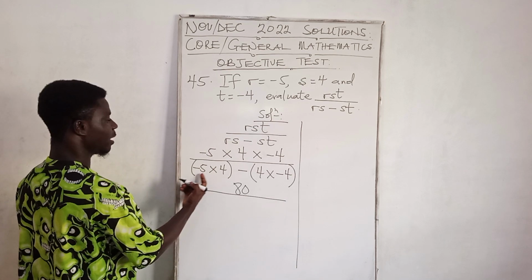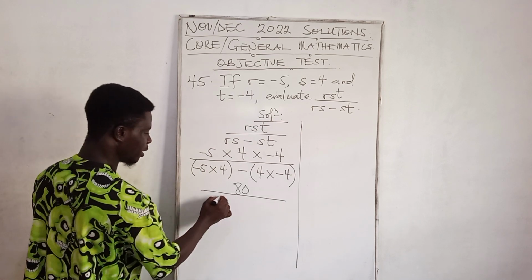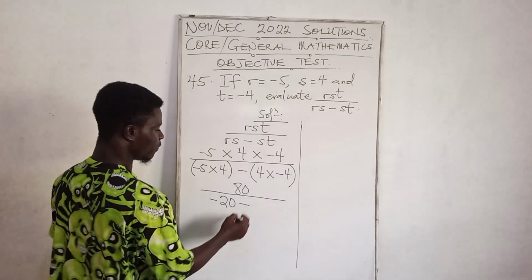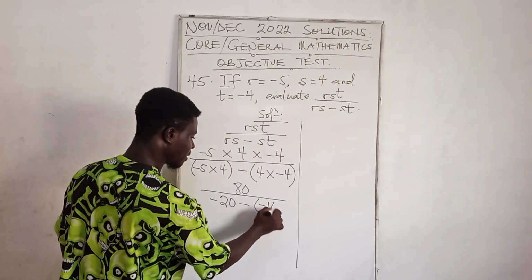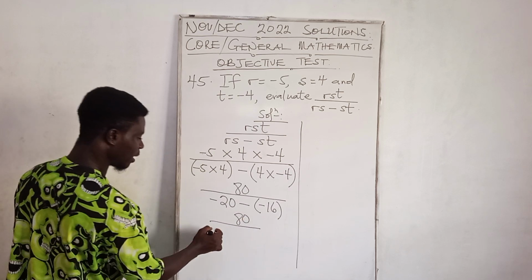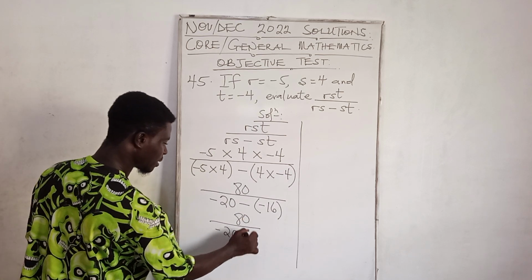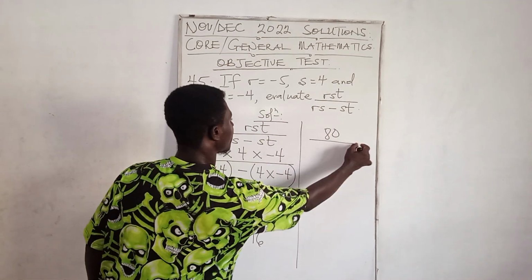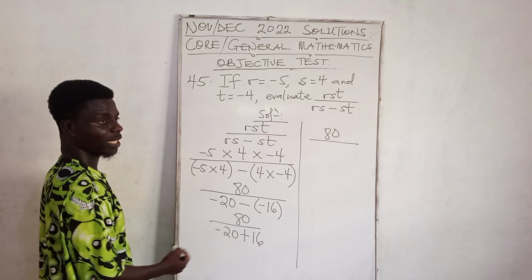Divided by negative 5 times 4 is what? Negative 20. Minus 4 times negative 4 gives us what? Negative 16. So we have 80 divided by negative 20 plus 16.